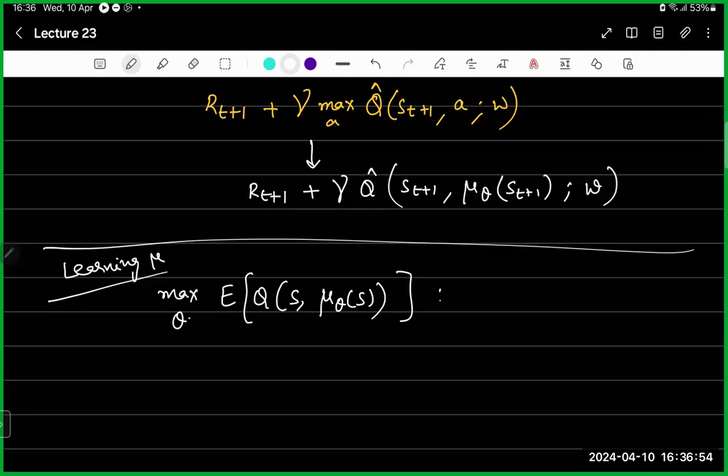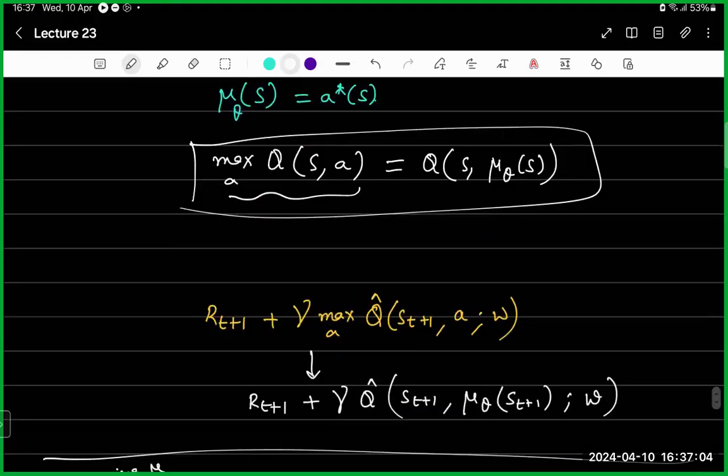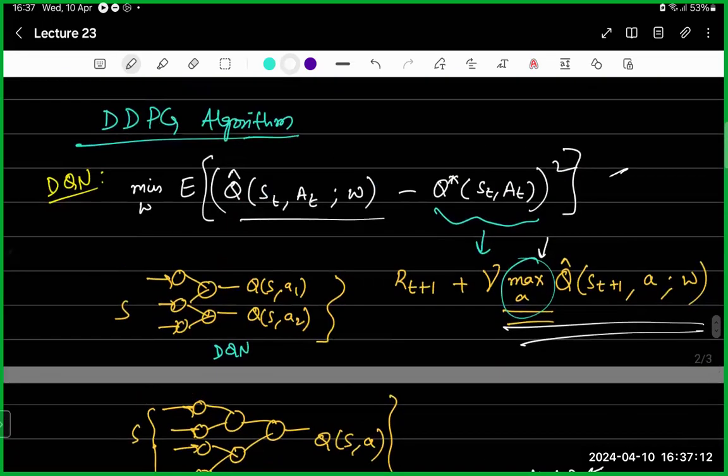So you alternately keep doing this. You start with some arbitrary mu, some arbitrary theta parameters. Based on that, you update your Q weights by minimizing this loss function. Then we get new weights for the Q function.